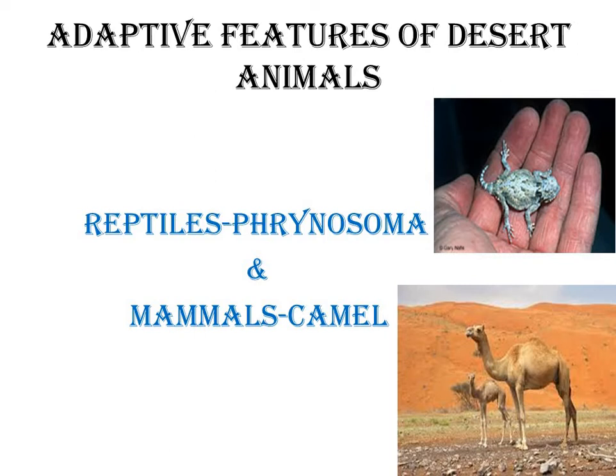One is the Reptilia, and the example is Phrynosoma, the young one which is shown in this photograph, whereas the other, from the class Mammalia, is the animal camel with its calf.